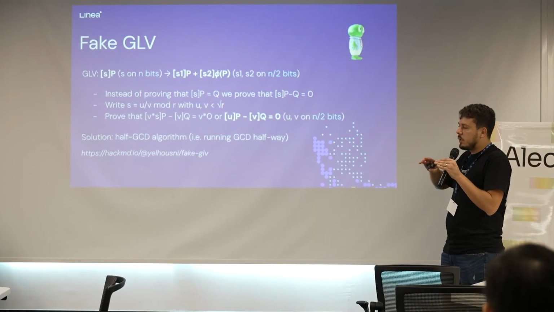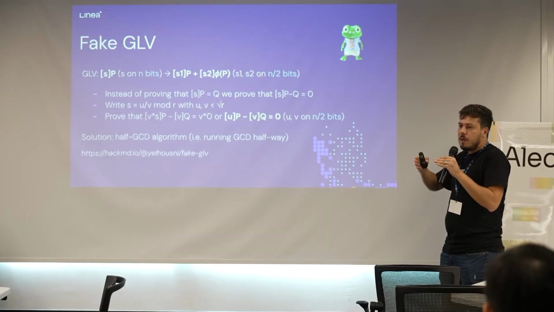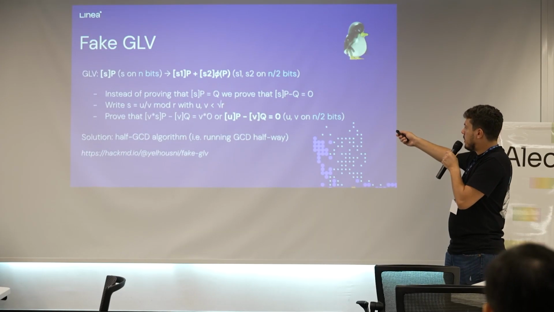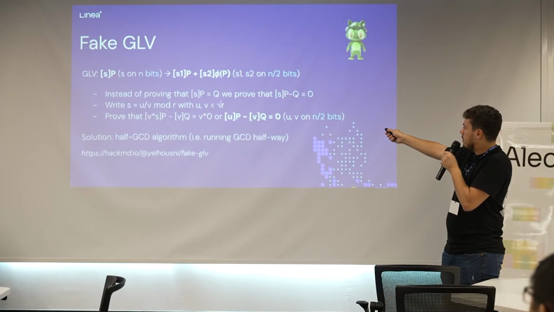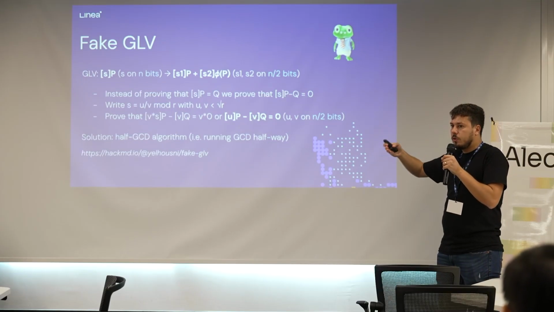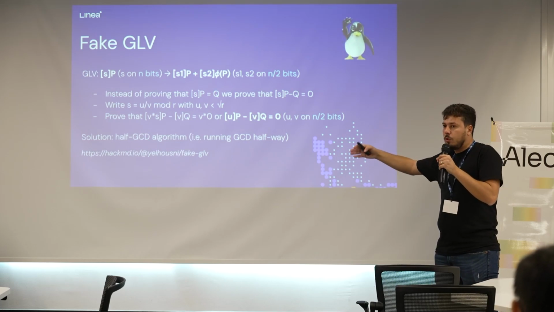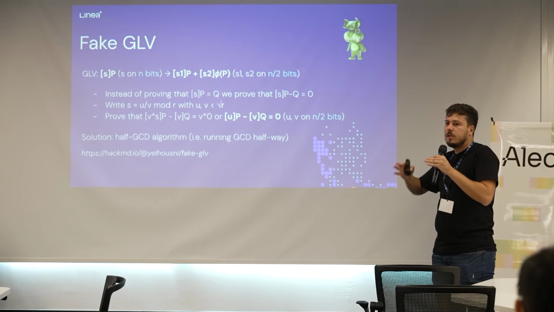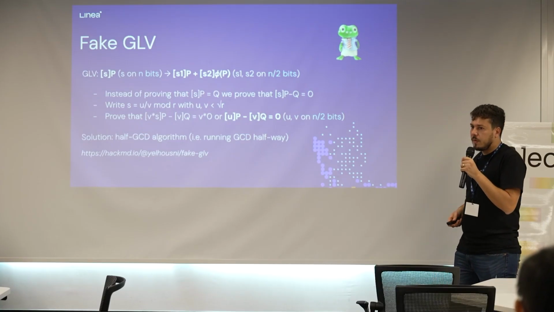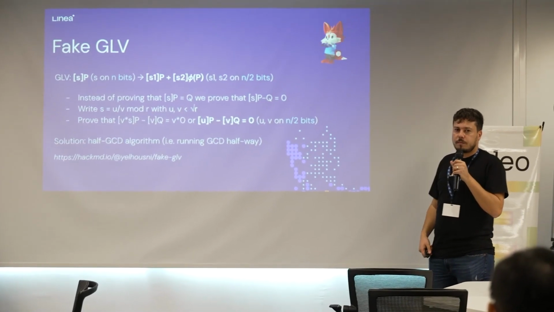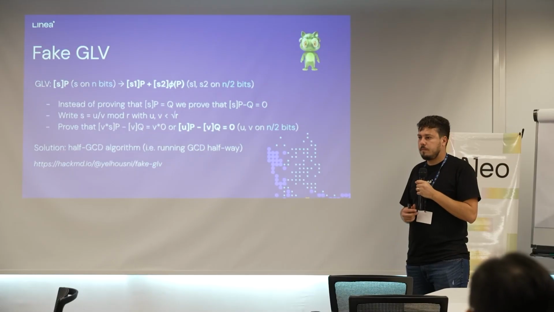And the other question is, can we do this recursively? You can, but it wouldn't change anything, because you do it modulo R, so the size is half the size of R. If you do it again modulo R, the size will again be half the size of R. So it's going to be the same size. So you can do it only once.